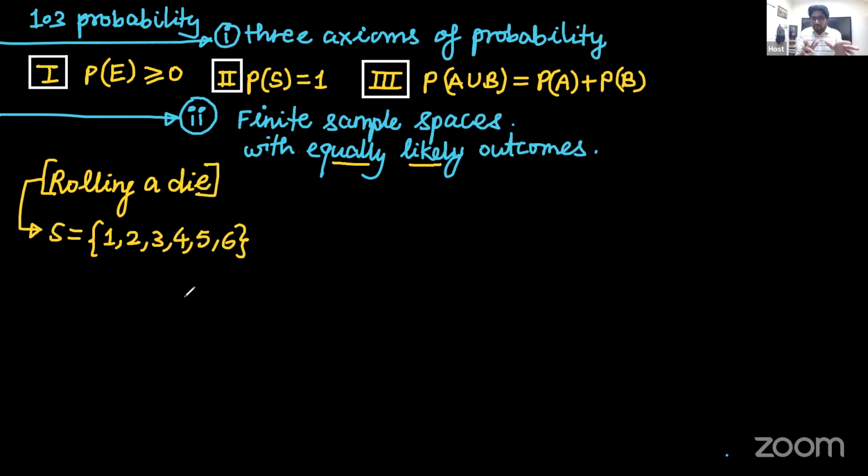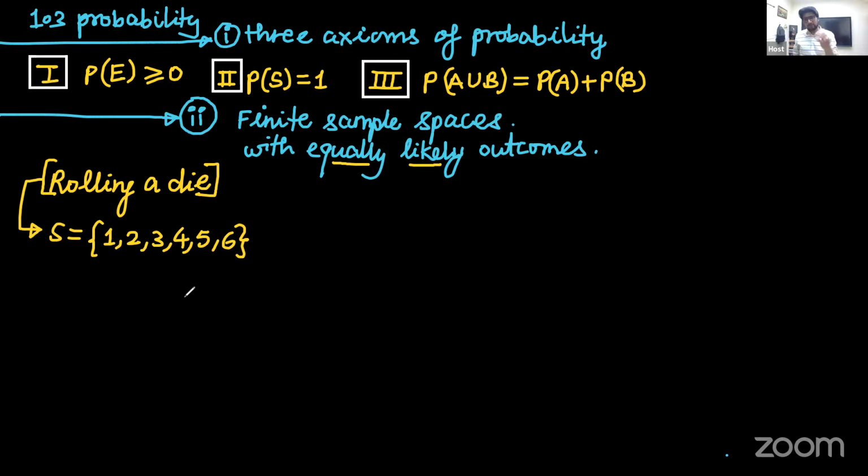So this is an example of a finite sample space. 1, 2, 3, 4, 5, 6 are the possibilities, finite, not infinite possible outcomes, and they are equally likely outcomes.